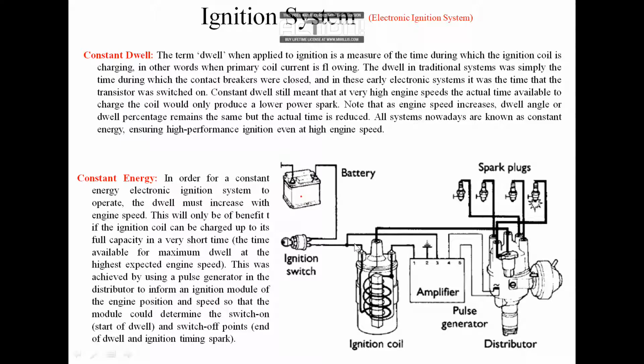After that it reaches the ignition coil, having a number of turns, that is the primary ignition coil having around 200 to 300 turns across the soft iron core.